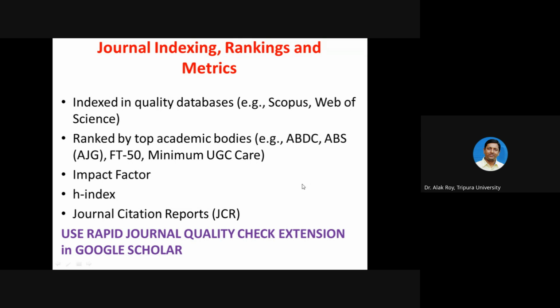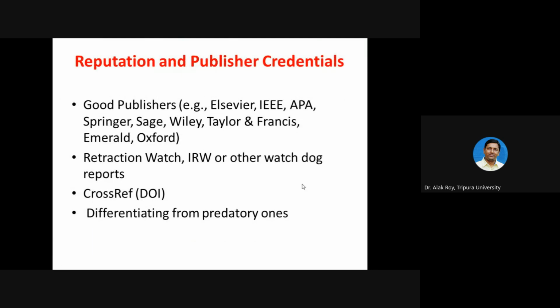Now, the second thing you should understand while selecting journals. Remember, this journal selection is not only to submit your papers. It's also for your literature survey, because your thesis, your PhD is going to be backed by your literature review. The type of literature you review, the quality of literature you study, determines how sound your contribution or your PhD will be.